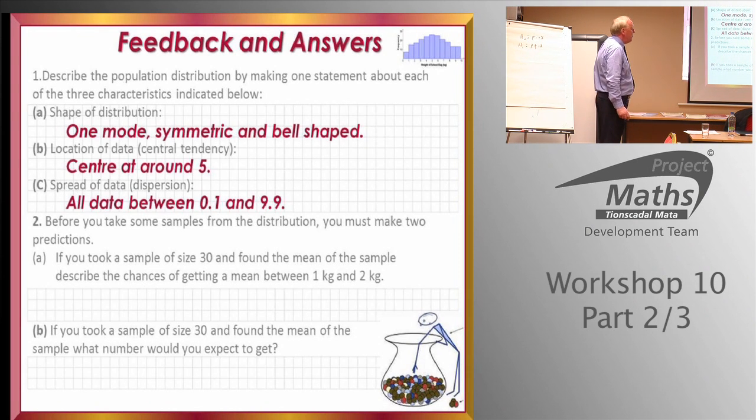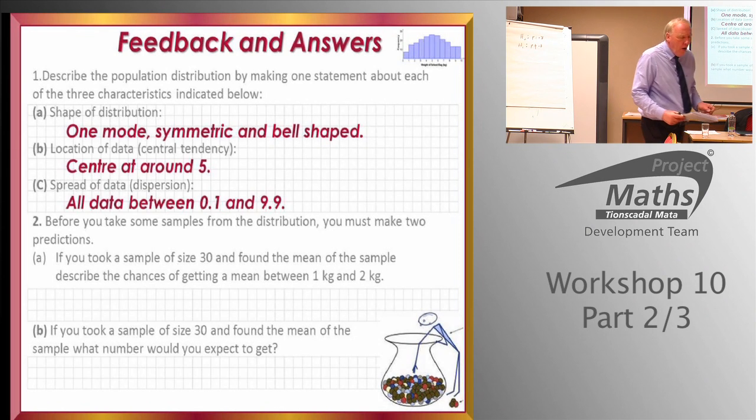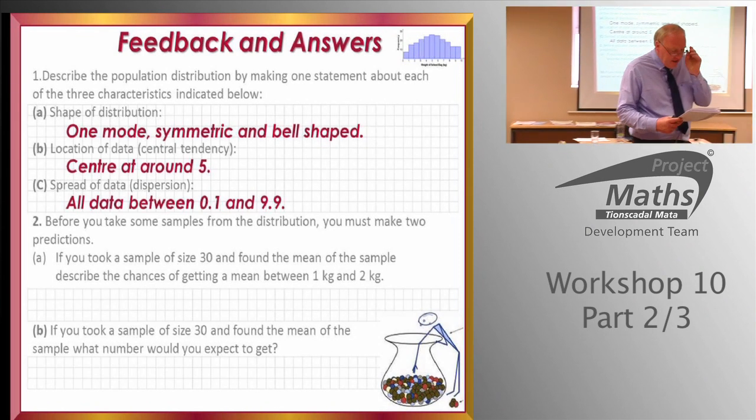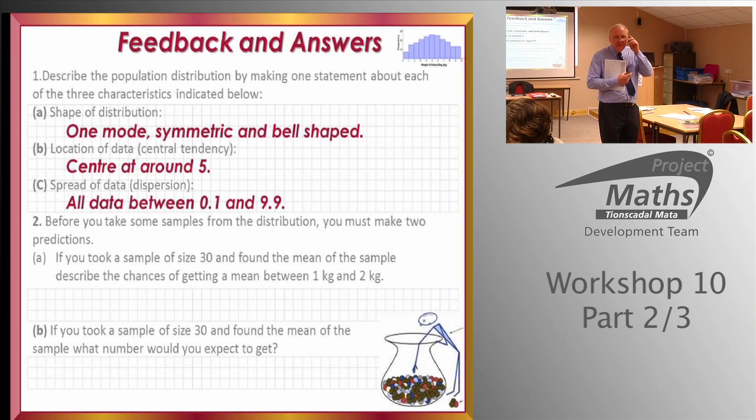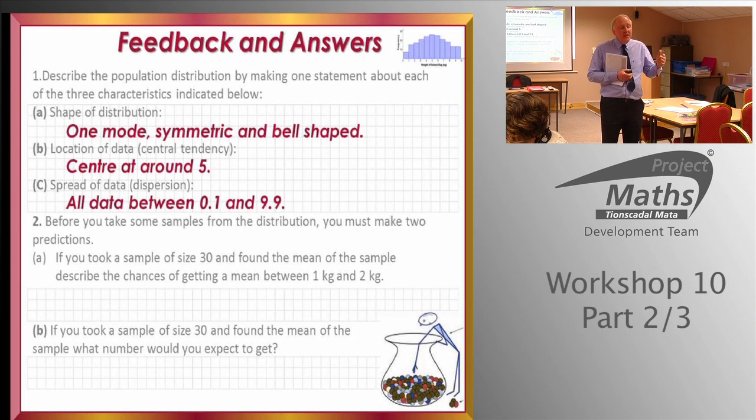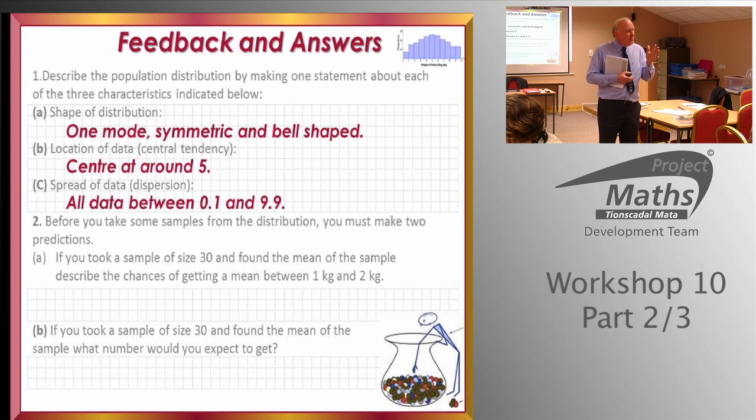If you took a sample of size 30 and found the mean of the sample, describe the chances of getting a mean of between 1 and 2. Look at the diagram there, and you took 30 pieces of data from the population. What would your chances be of getting a mean of between 1 and 2? That would mean you'd have to get a mean of 1 point something. So what kind of numbers would you need to get?